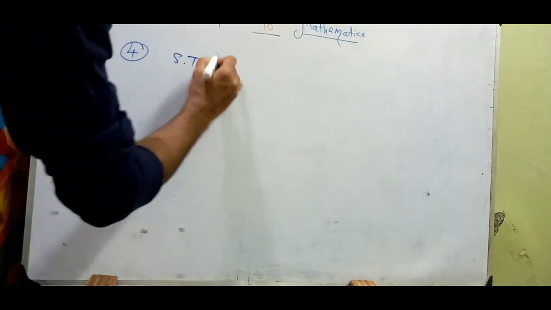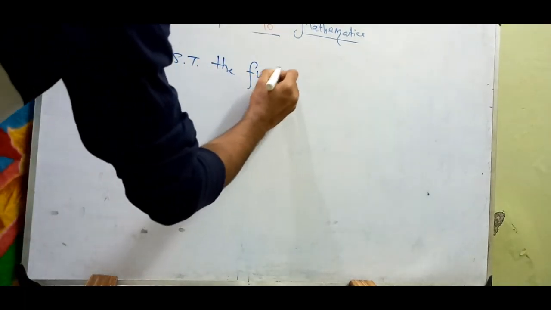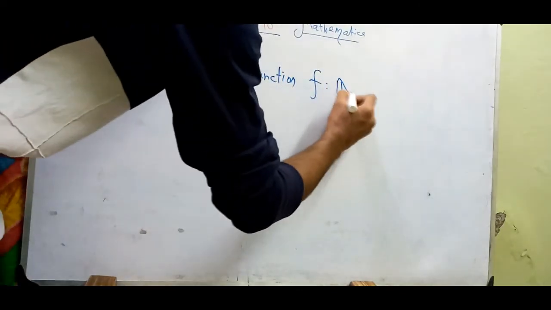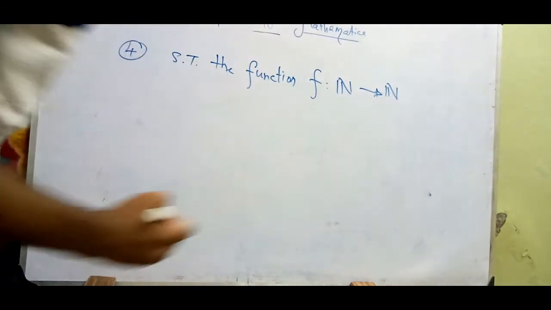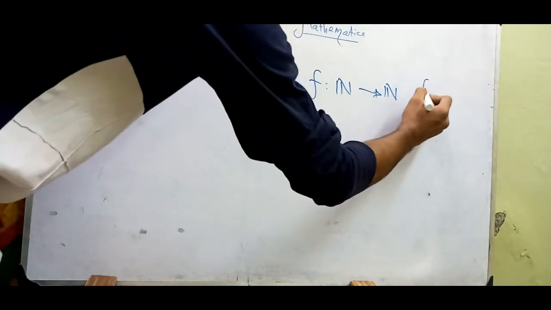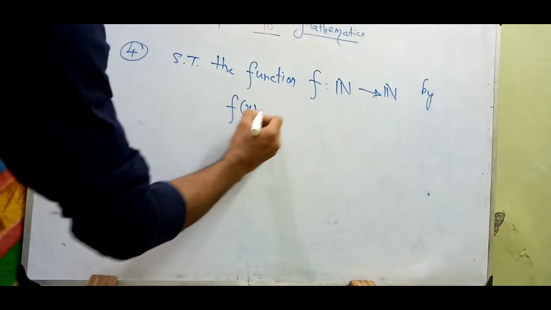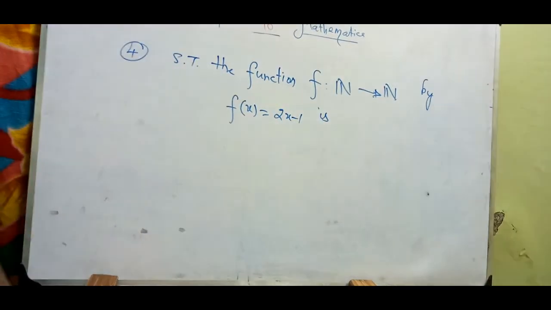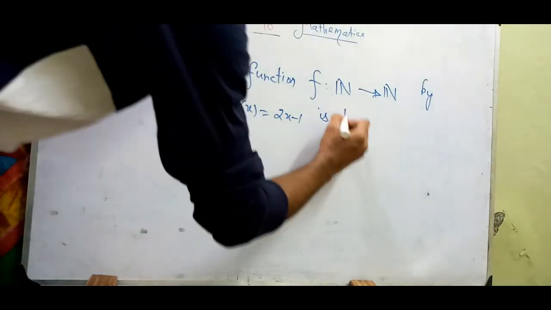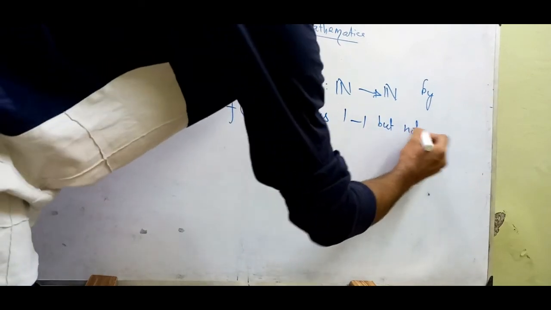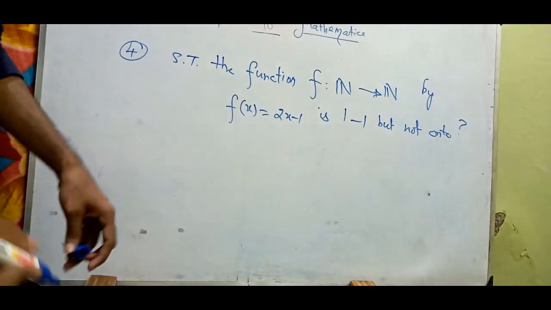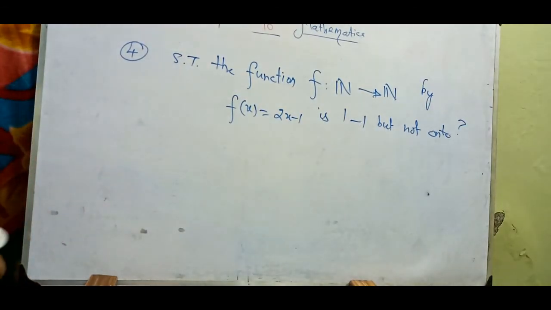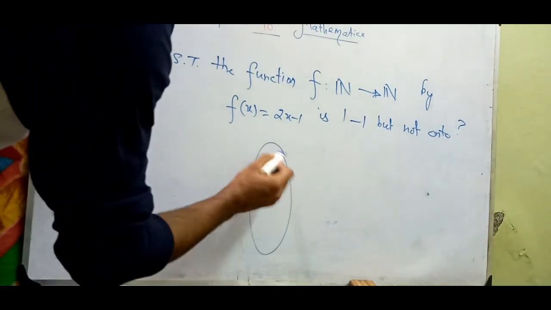Show that the function f from natural numbers to natural numbers defined by f of x equals 2x minus 1 is 1-1 but not onto. Whenever the question says 1-1, onto, into, many-one, you can use the set concept. That will be easier for you.